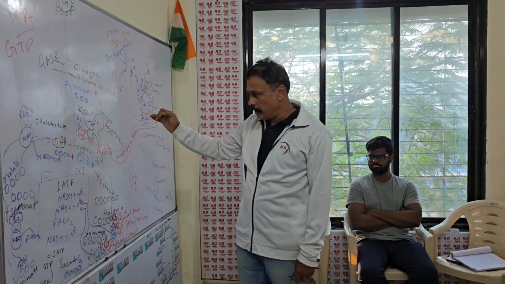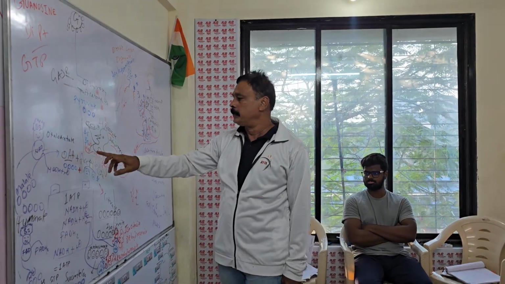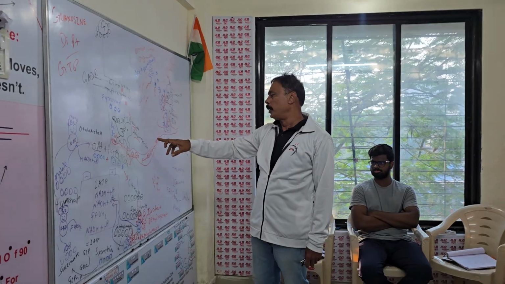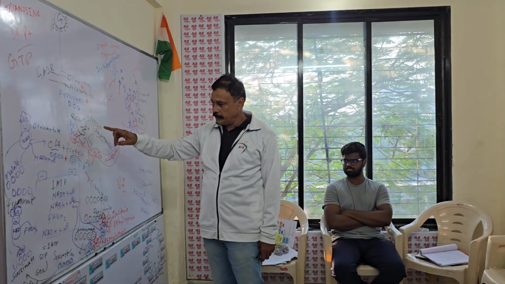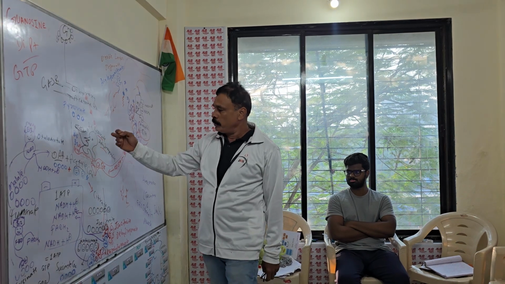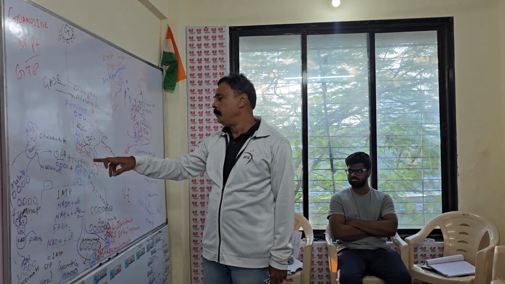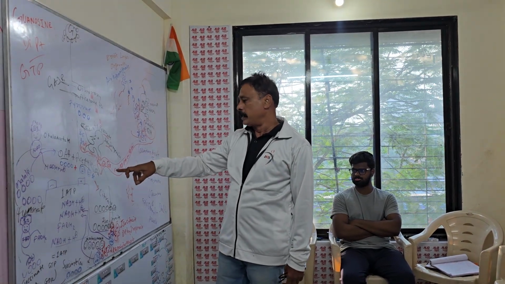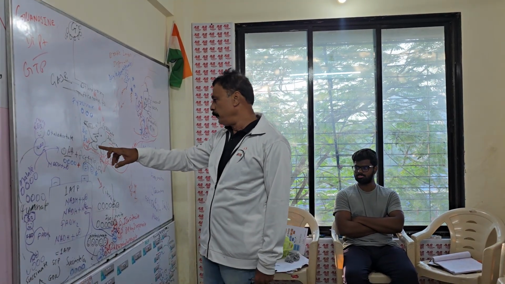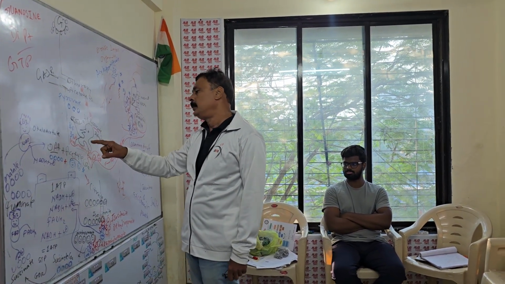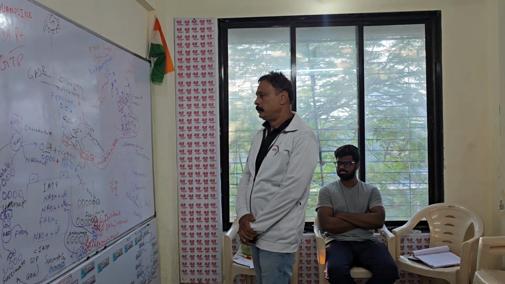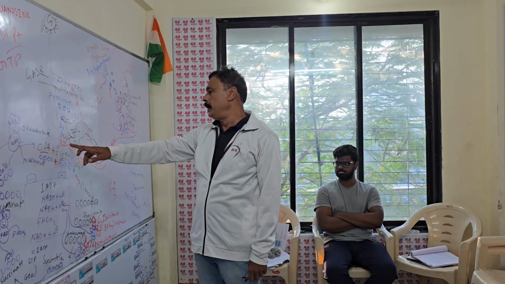While entering the Krebs cycle, again there is a gatekeeper, called pyruvate dehydrogenase. With its help, this acetyl CoA enters the Krebs cycle. And in that way also there is hydrogen, that is NADH.